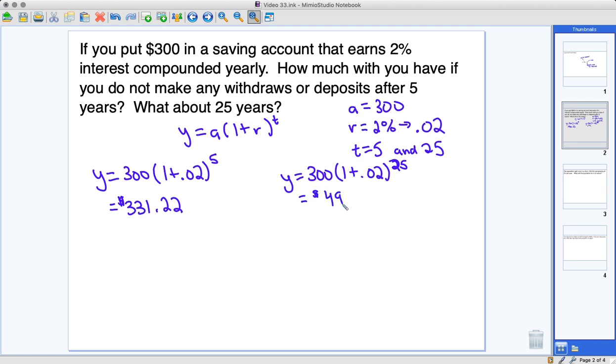You get 492.18. Again, that's a rounded value. Make sure when you're typing things into your calculator that this is what you're getting. If not, you can always ask me tomorrow to get clarification on how to type it into your calculator, because I want you to be masters using your calculator so you can still do these problems.